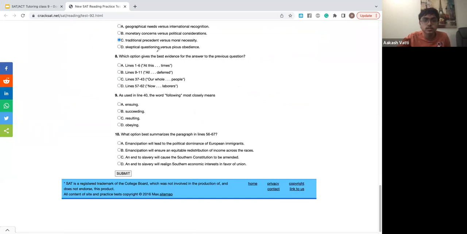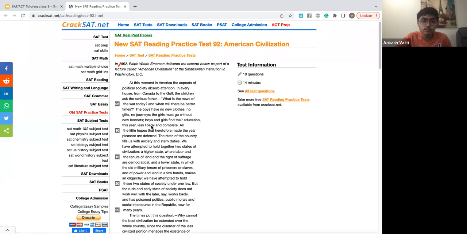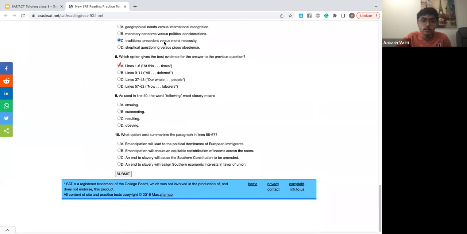Okay, so it's not 1 to 6. 9 to 11 is right here. Made all the little hooks there that heretofore made the year pleasant were deferred. Again, that doesn't talk about moral necessities versus following tradition. So that can't be the answer either. Therefore, B isn't our answer.